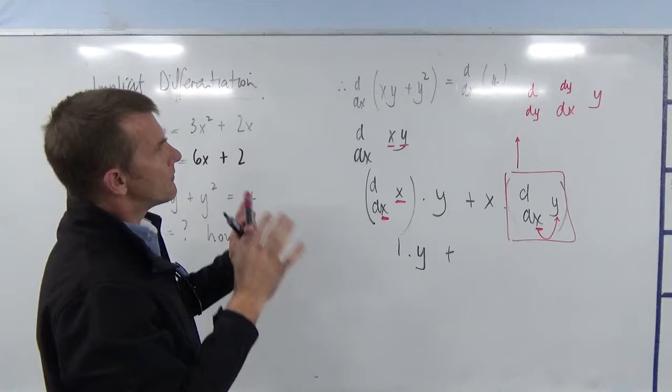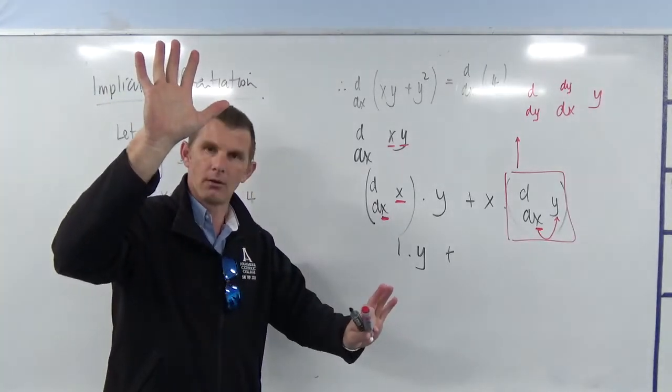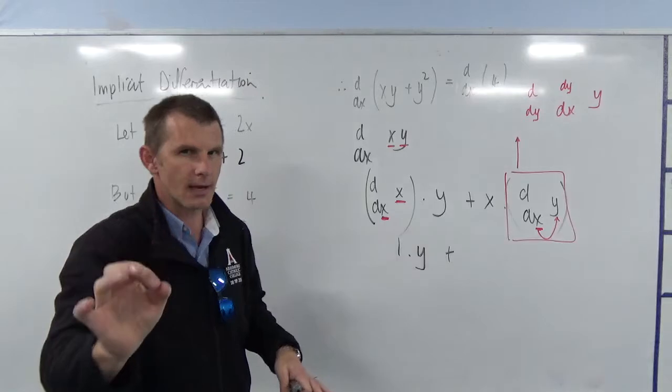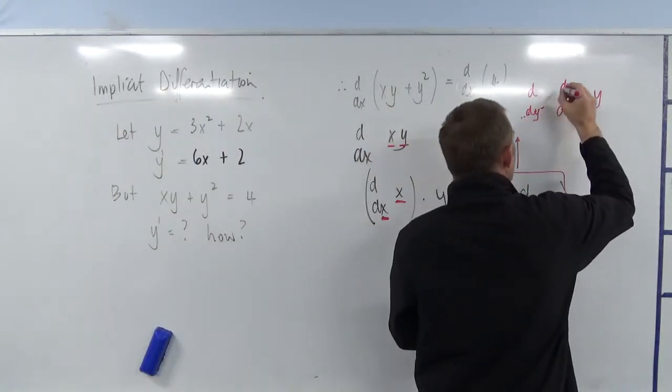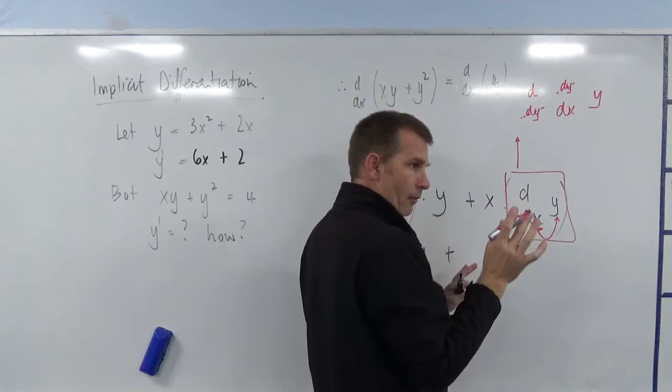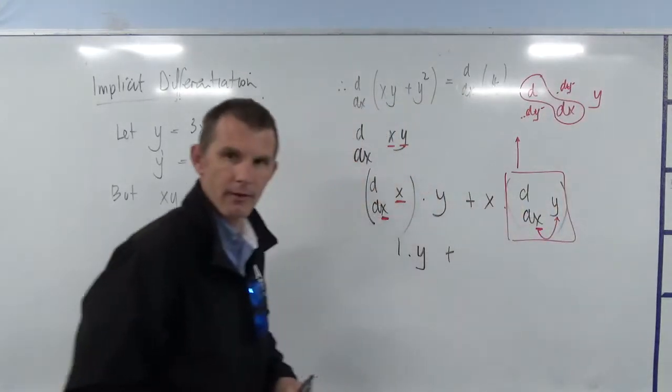Now, think of them like fractions. I've added something to the top, something to the bottom. They cancel out. Not exactly, they're not fractions, but we can think about it this way. This kind of cancels out, if I wanted it to, and that there is exactly what I started with.